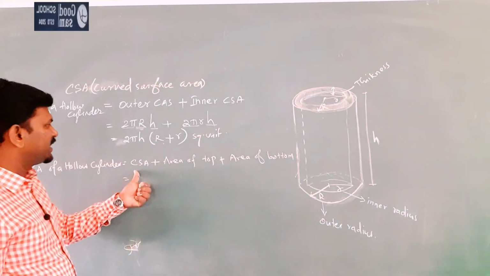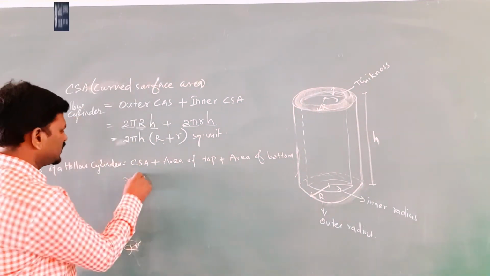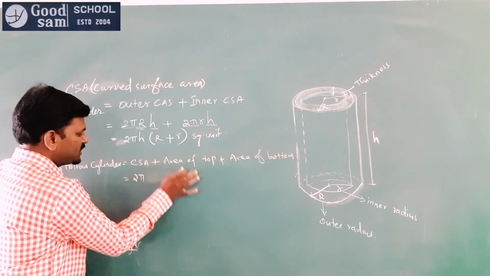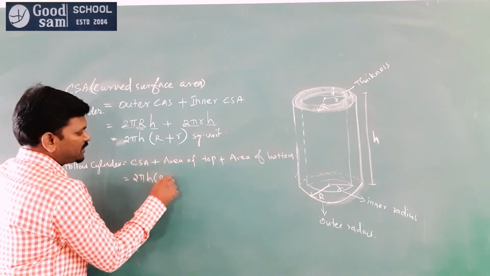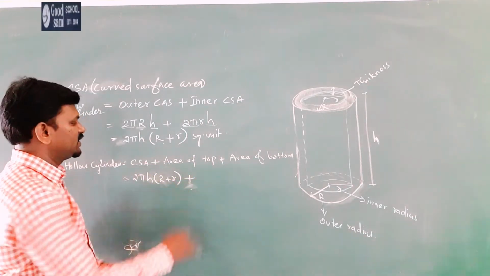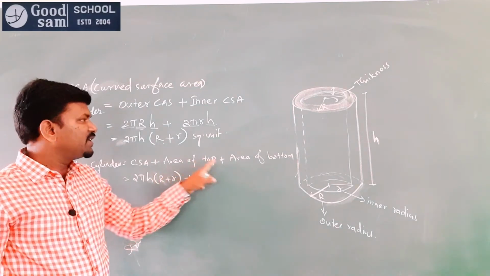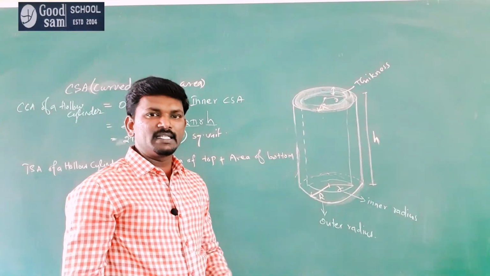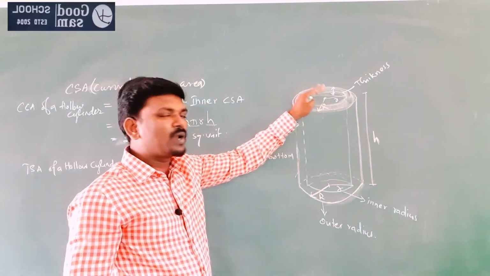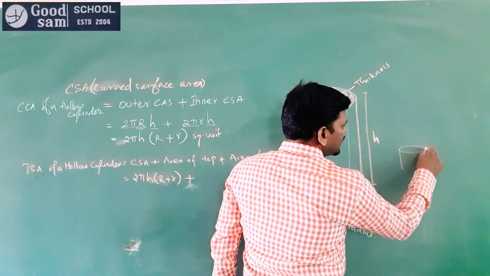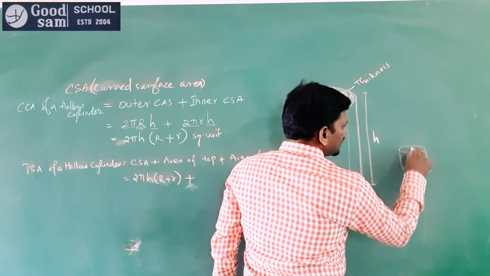CSA we have already found, 2 pi h into (R + r), plus area of the top. How will the top be? If it is a solid cylinder, the area will look like a circle. If it is just a simple cylinder, how will the area of the top be?